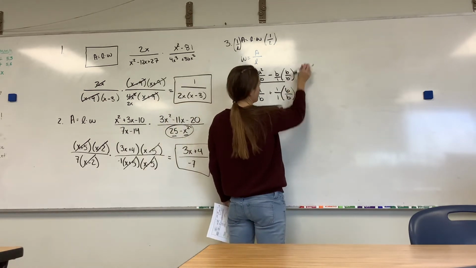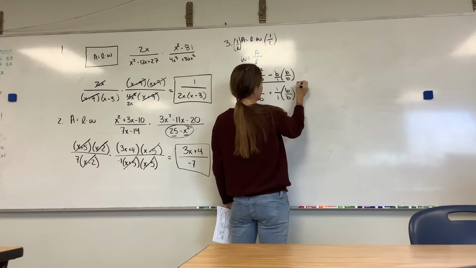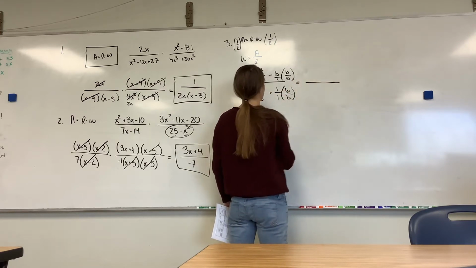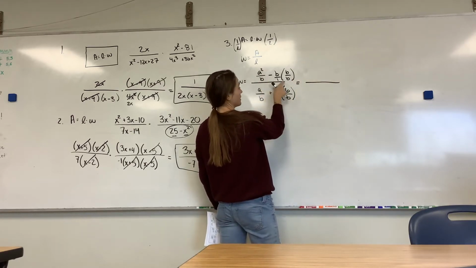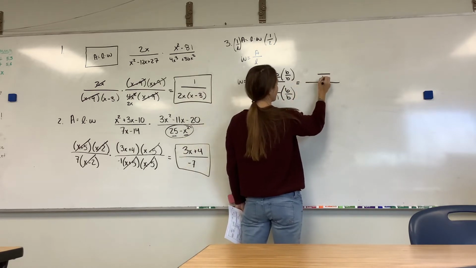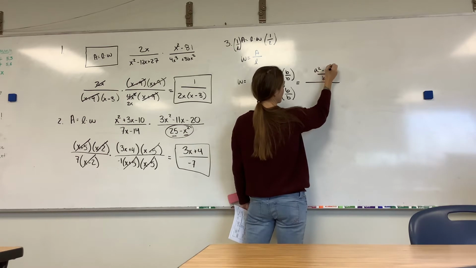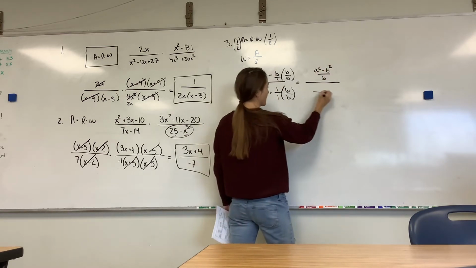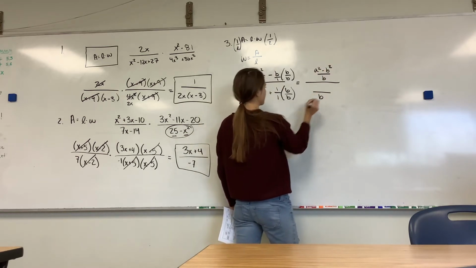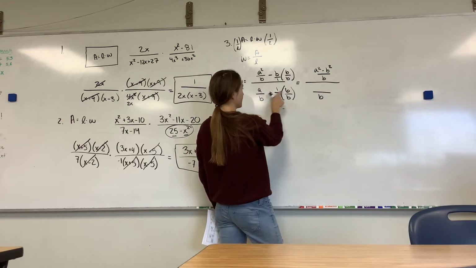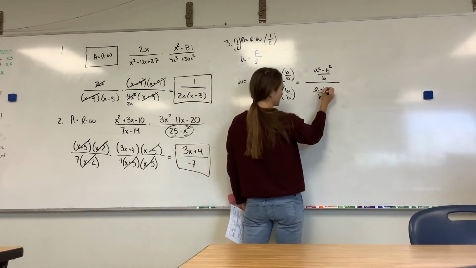So on the top, I get my common denominator of b, and I get a squared minus b squared as the numerator. On the bottom, I also have a common denominator of b, and I get a plus b as the numerator.